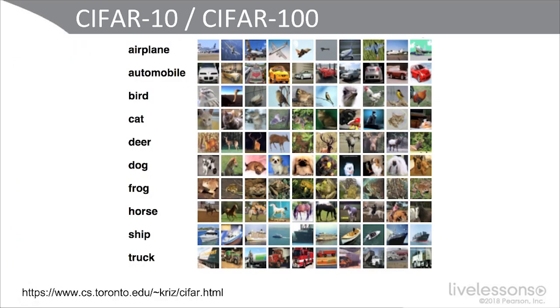The next data set we're going to talk about is the CIFAR data sets. So CIFAR stands for the Canadian Institute for Advanced Research that funded the work. These data sets, the small one has 10 categories, the large one has 100 categories. They were curated by researchers at the University of Toronto, so on Geoff Hinton's team, with this project led by Alex Krizhevsky.